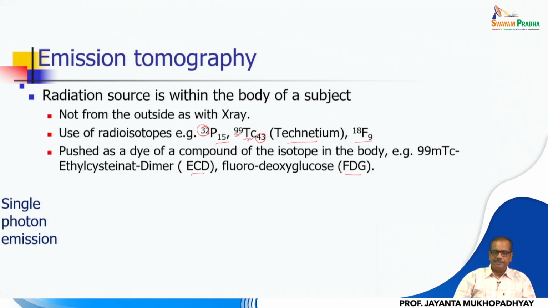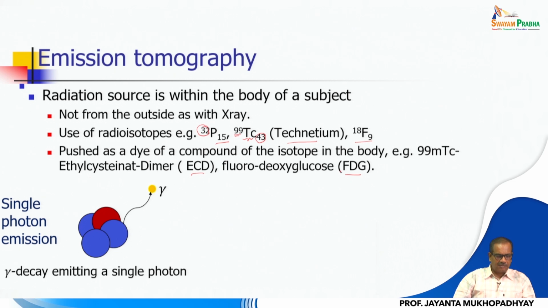There are primarily two types of phenomena responsible for emission tomography. One phenomenon is called single photon emission. It means that when a nucleus of the radioisotope decays, it radiates a photon, which we call a gamma ray, and it is a single photon.